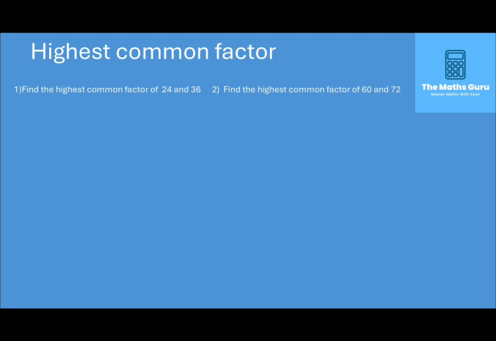To find the highest common factor of two numbers, what we have to do is conduct two individual prime factor trees and find out the prime factors.